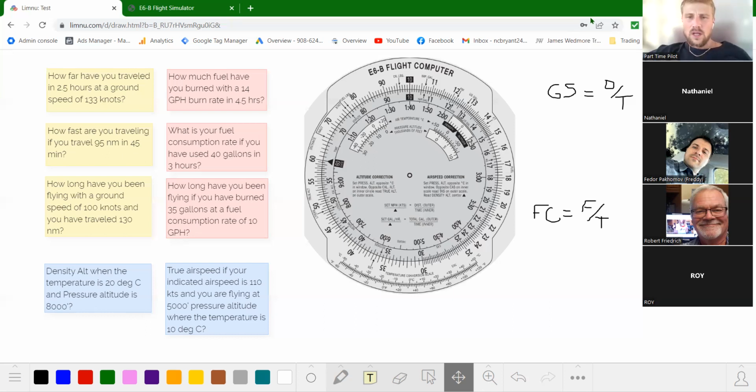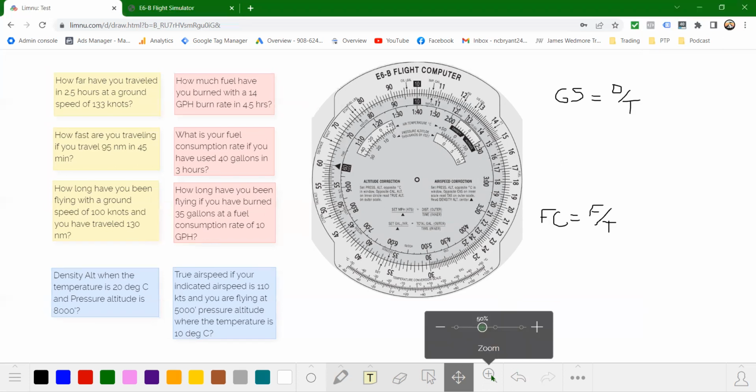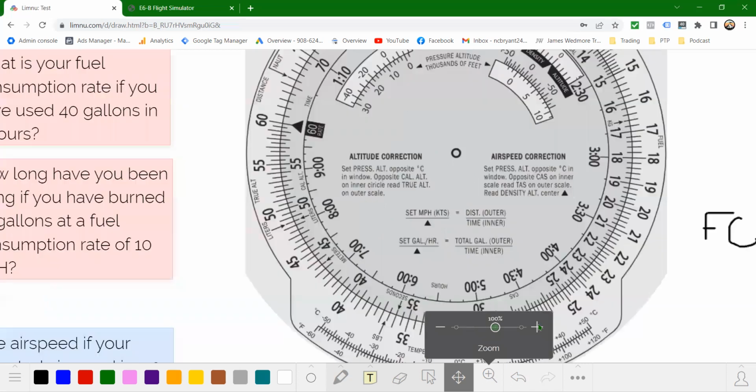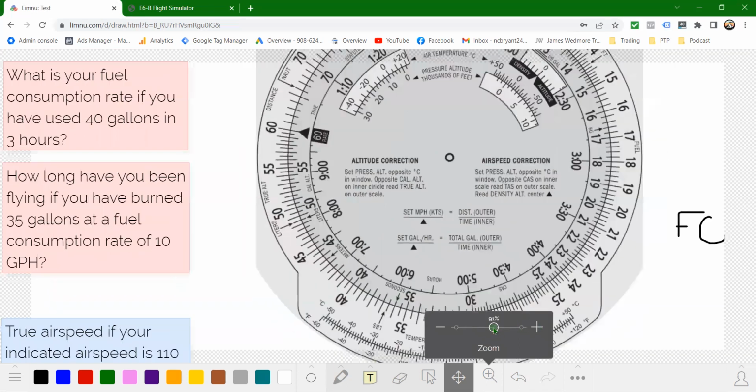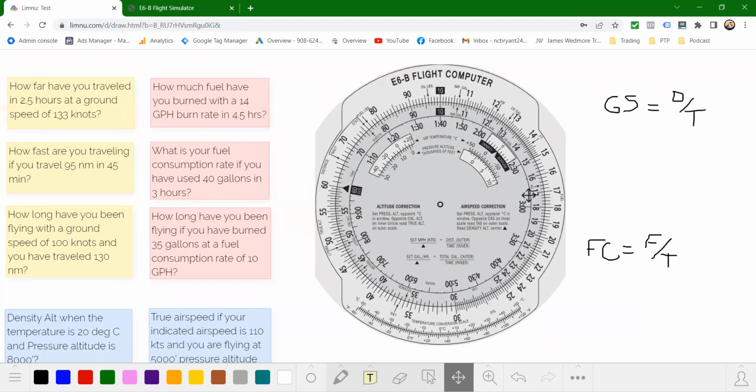All right, so let's get started. Let me know, just put in the comments if the screen goes out or you can't hear me anymore or anything like that. So here we have the E6B. This is the flight computer side, and then we have the wind side.